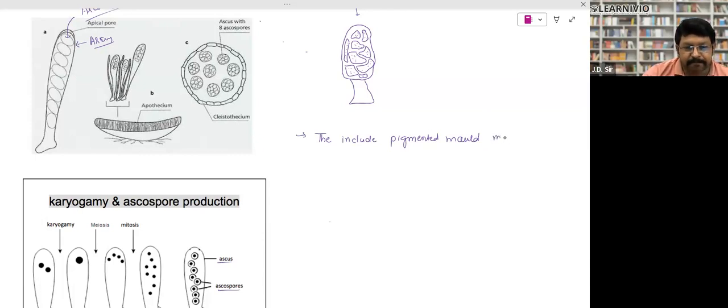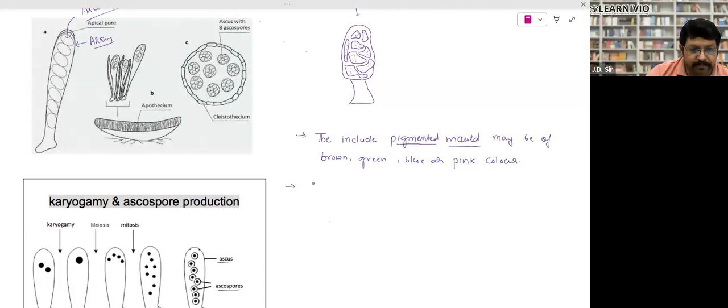And maybe of brown, green, pink, or blue color. So what you have to remember is that these ascomycetes are called pigmented mold. Why? Because they are colored. Rest of the fungi are white. They do not have any color, right?